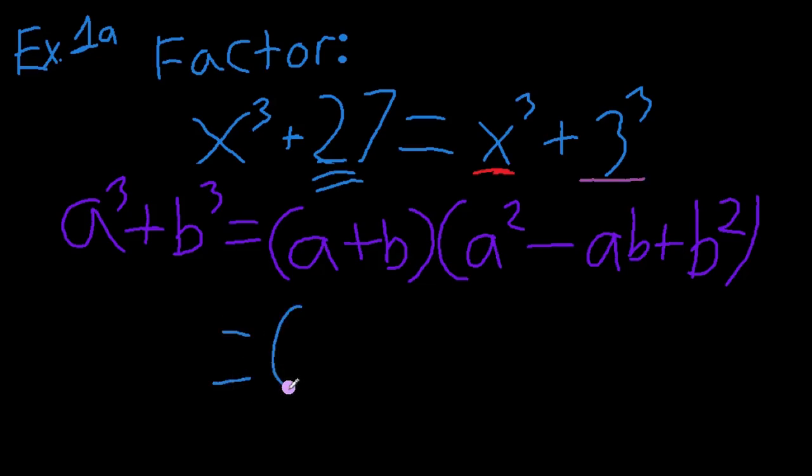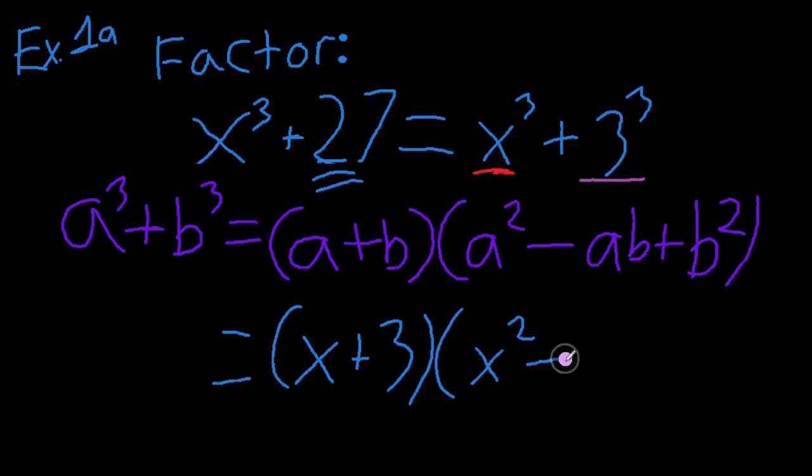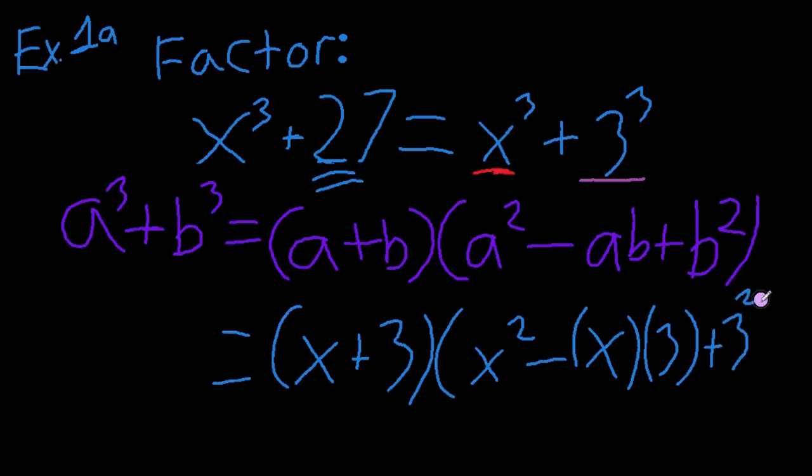So a is supposed to be x, b is supposed to be 3, a is supposed to be x, and then the formula has an exponent 2, minus x times 3, plus, and then b is supposed to be 3 squared.